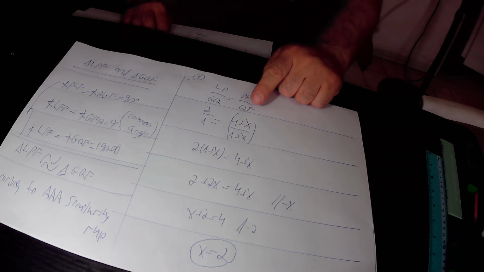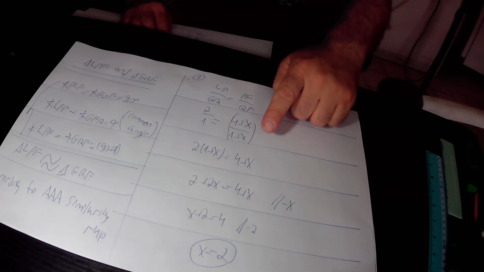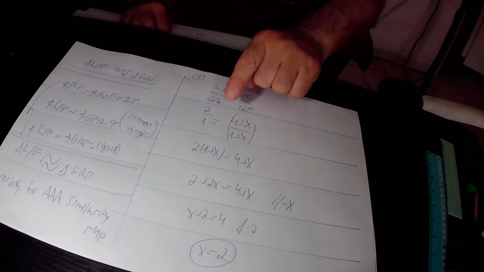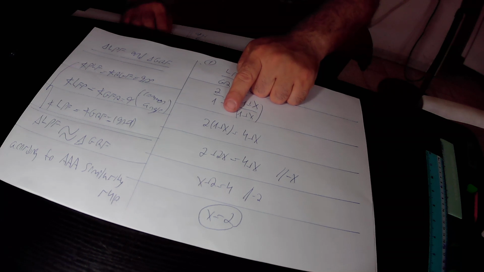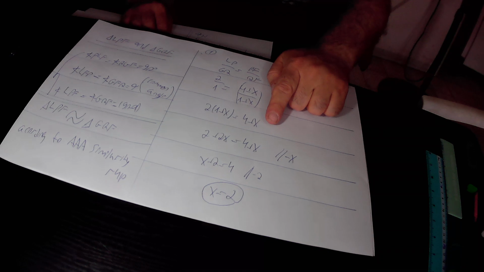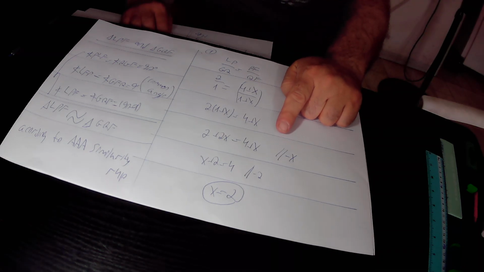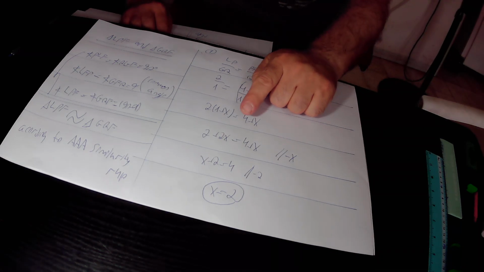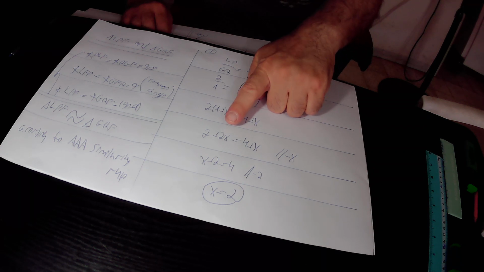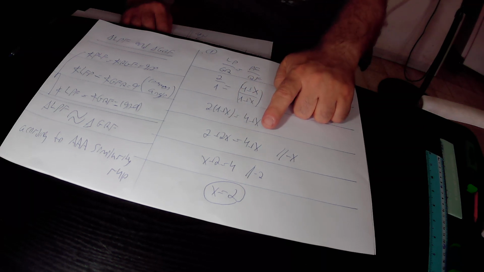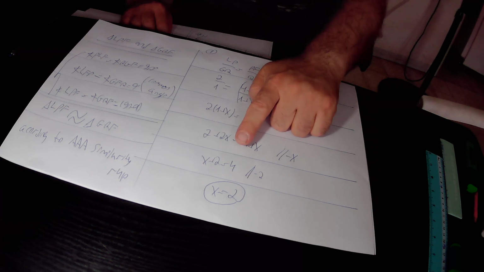Here we multiply this equation by 1 plus x and finally find that 2 times 1 plus x equals 4 plus x. Here we open the brackets on this side of the equation and find that 2 times 1 is 2, so it is 2 plus 2x equals 4 plus x. Here we subtract x from the equation and find that 2x minus x is x, so in total on this side we have x plus 2, that equals 4.